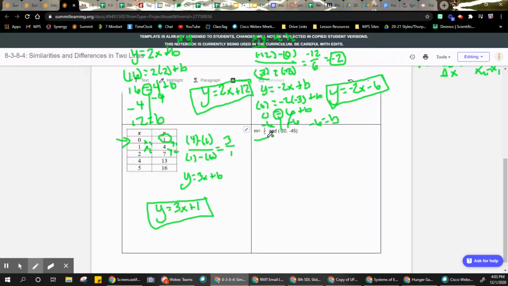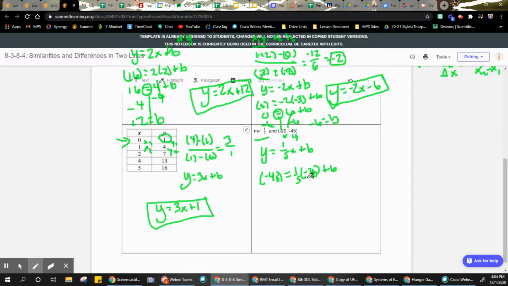Now I have one more to do, and I have the slope for this one. So I'm going to plug it in. I'm going to do y equals 1/5 x plus b. Now I'm going to plug in my point here, which is negative 20 and negative 45. Remember that x is first, then y. So I'm going to do negative 45 equals 1/5 times negative 20 plus b.